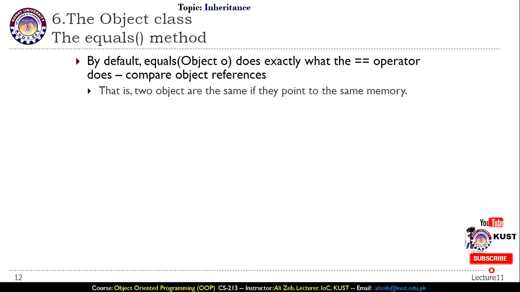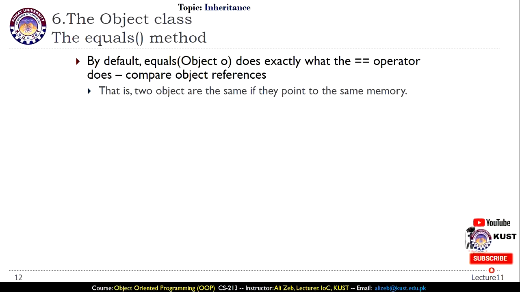That is, two objects are the same if they point to the same memory. It tries to compare the objects, and if they are equal, it will return true, and if they are not equal, it will return false.